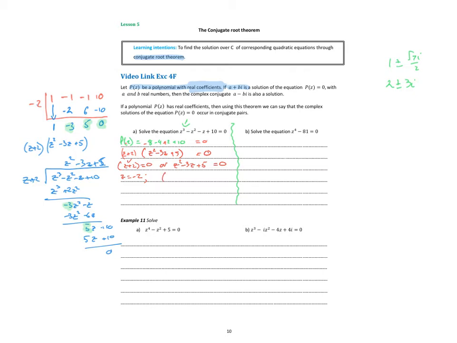I'm going to complete the square. Z minus a half the middle term is 3 on 2. Square that is 9 on 4. So I plus 9 on 4 minus 9 on 4. And 5 is the same as 20 on 4. So that gives me z minus 3 on 2 all squared equal to 11 on 4 negative, take it across. Negative 11 on 4.